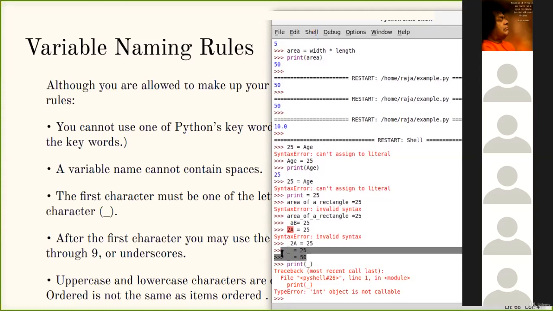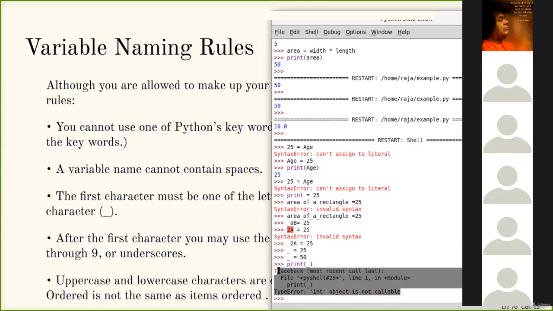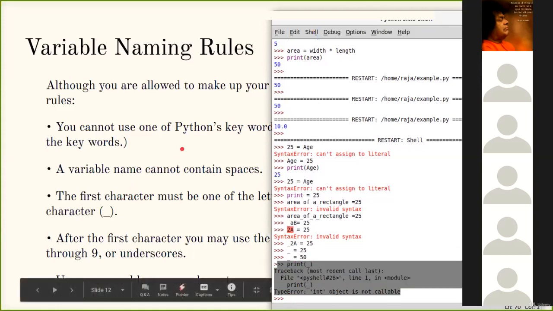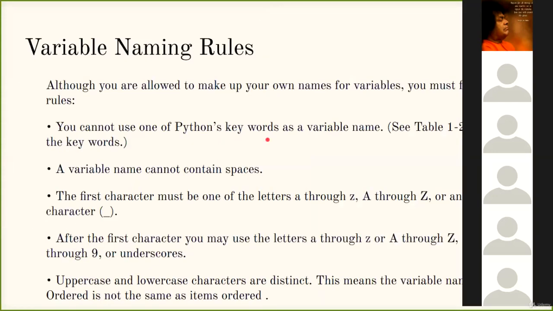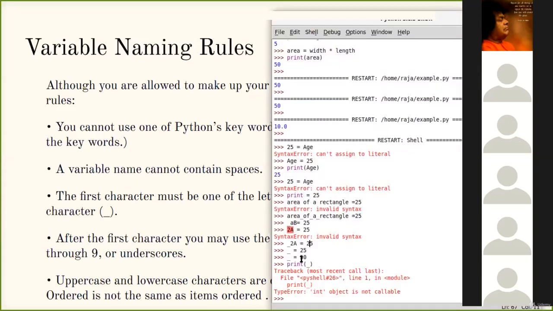So here, what is actually happening is, I have told you the first rule that you cannot use a few Python keywords as variable names. Underscore in Python actually means a class.